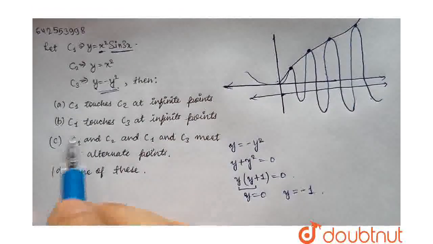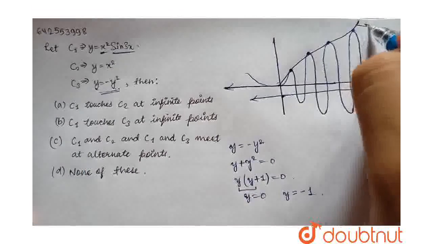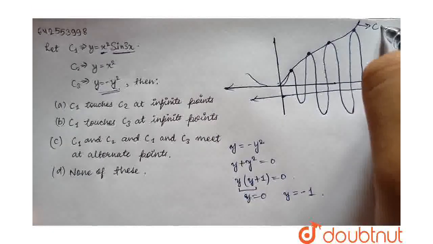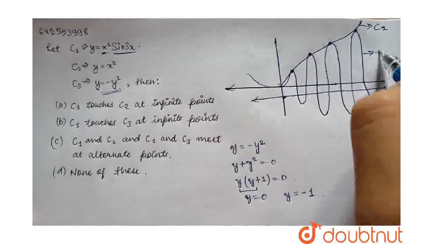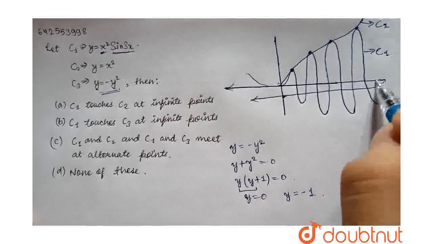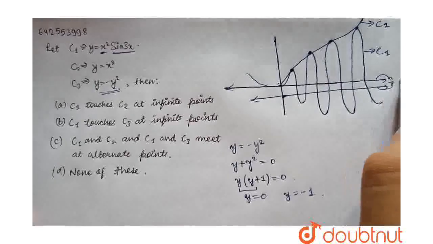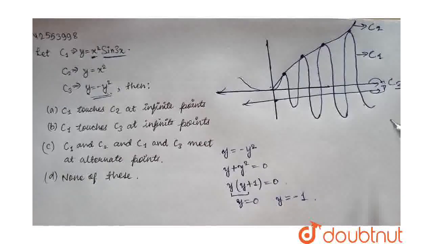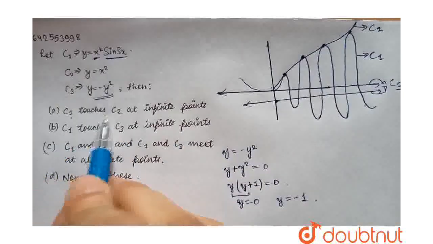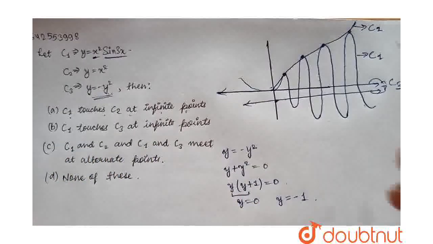Now let's read the options. First let's label: this is C2, this is C1, and these are C3. Okay, so now let's start with the options. C1 touches C2 at infinite points.